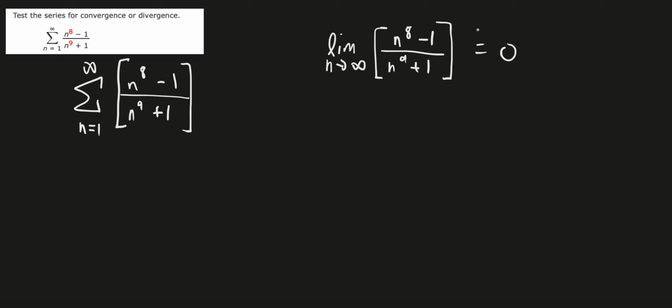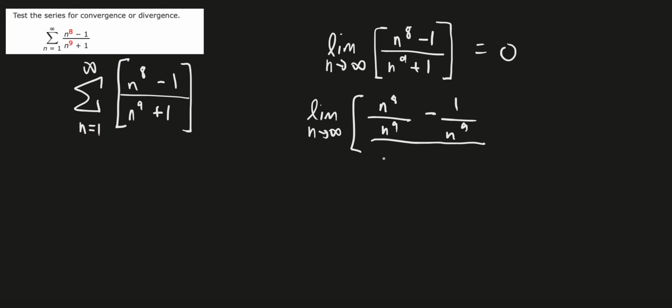That's not the only reason. We could have divided by n to the ninth power. So if we wanted to do that, we can take the limit as n approaches infinity, and then divide everything by n to the ninth power, like this. That would just be 1, and then plus 1 over n to the ninth power.